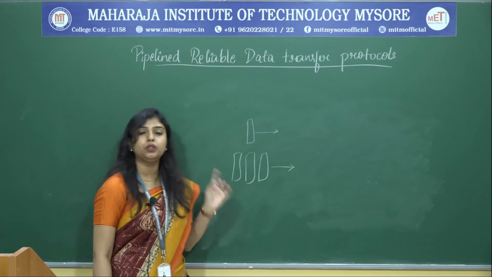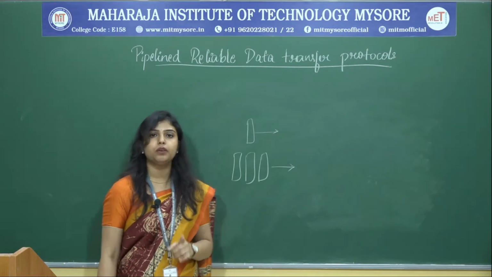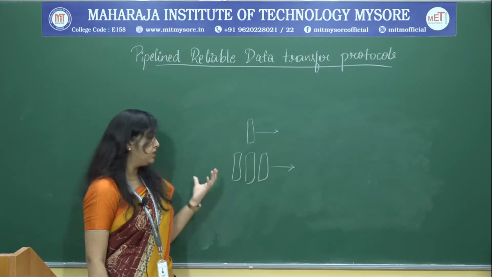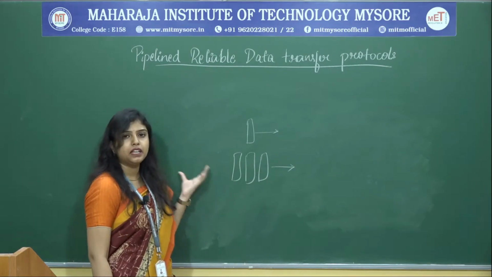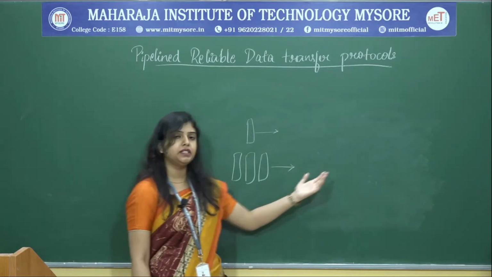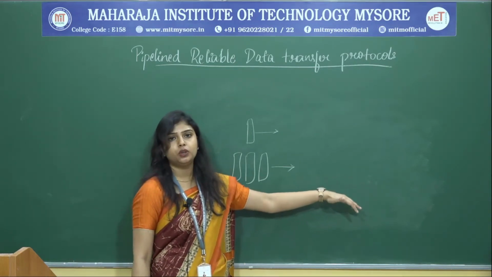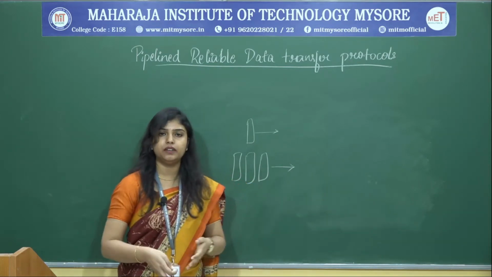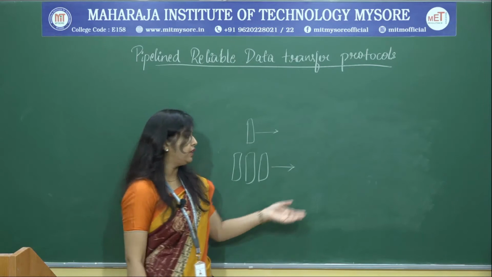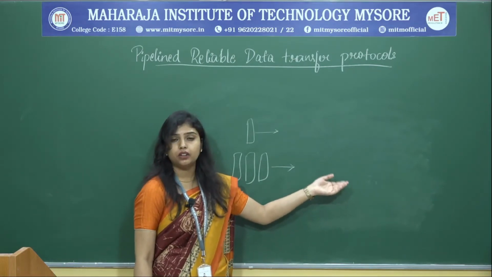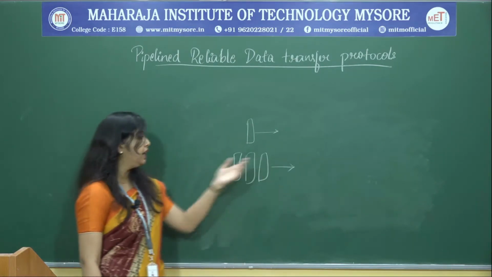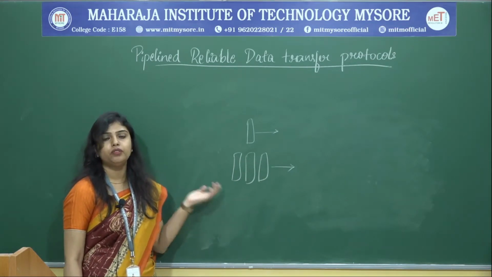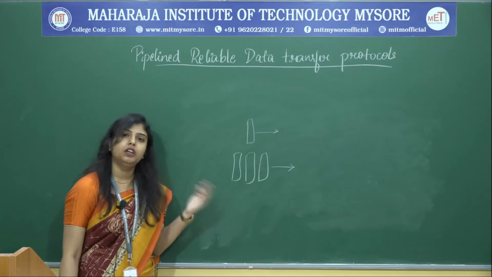Not only that, we need to have a buffer both at the sender side and at the receiver side, because the multiple packets sent by the sender have to be received by the receiver in a buffer, so that it can receive them in order. The acknowledgements sent by the receiver have to be received by the sender side buffer, so that it can know for which packet the acknowledgement has been received.